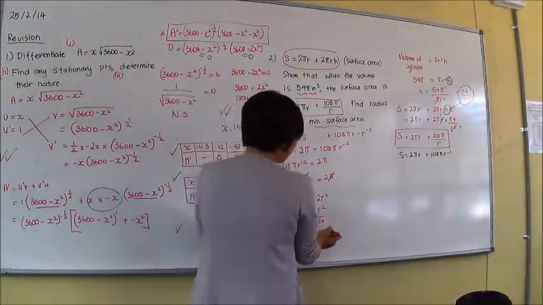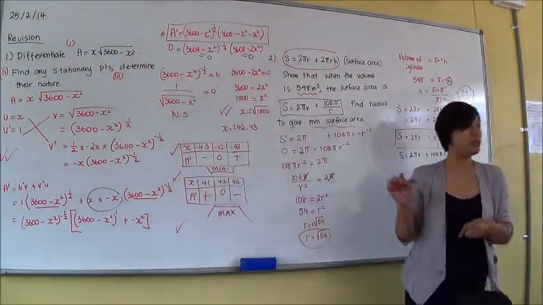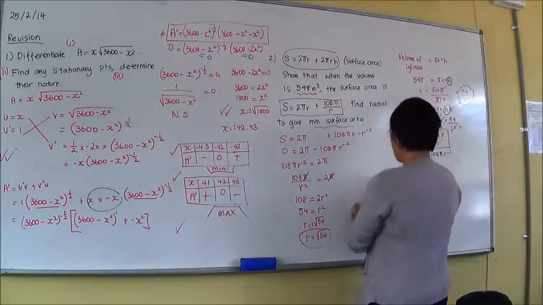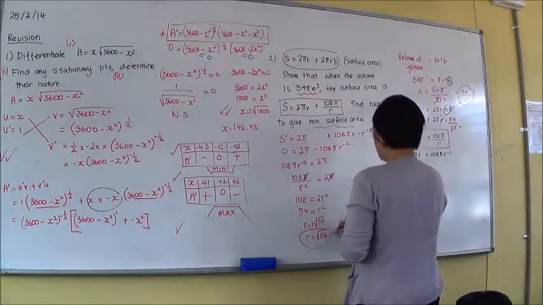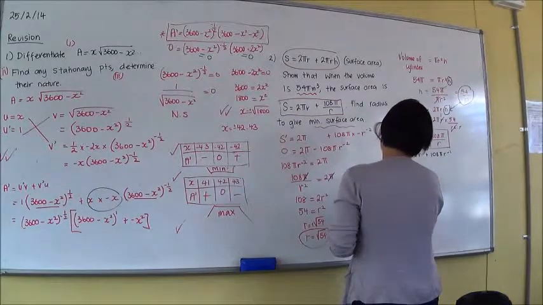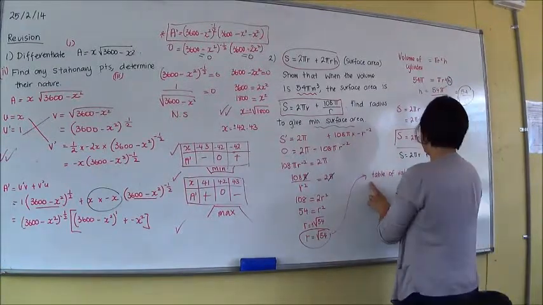And now what you have to do is use a table of values. Just to conclude this, use the table of values or the second derivative. Second derivative can work because it's not too messy.